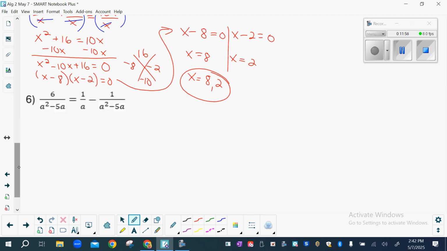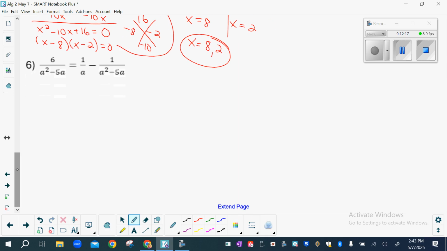So what if I factor that denominator? What do I get? You guys here, what do I get when I factor the a squared minus 5a? So a minus 5, and then what goes in the front?